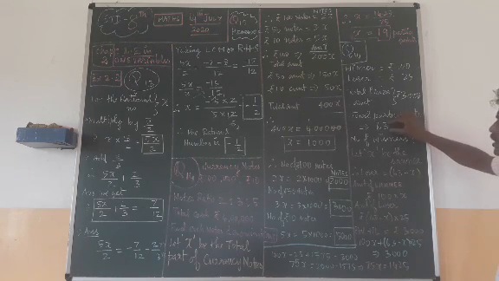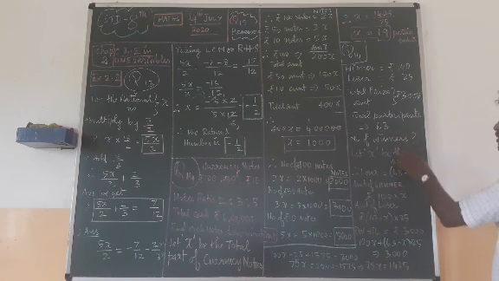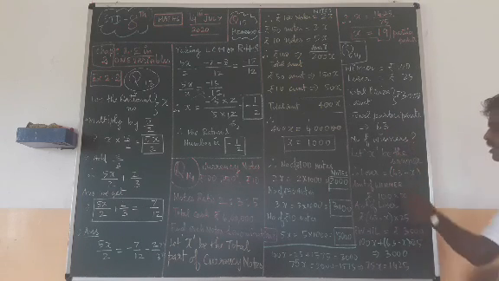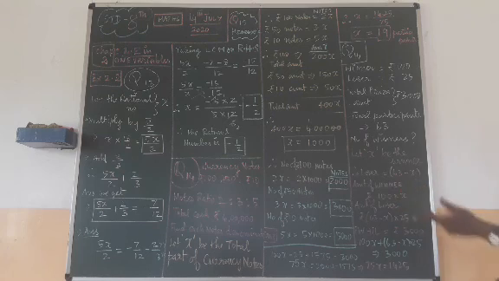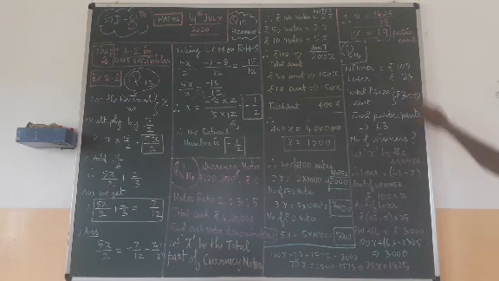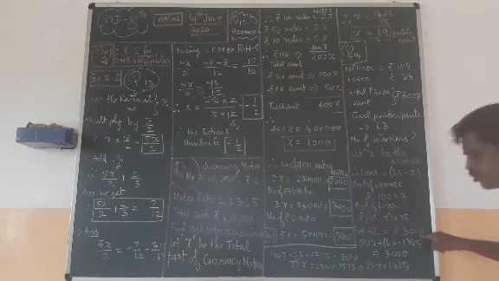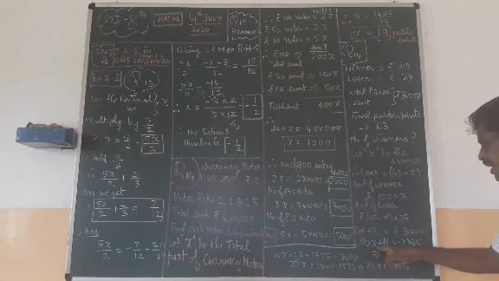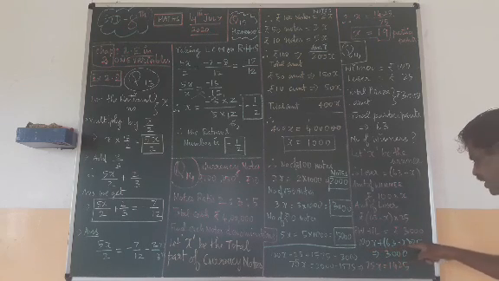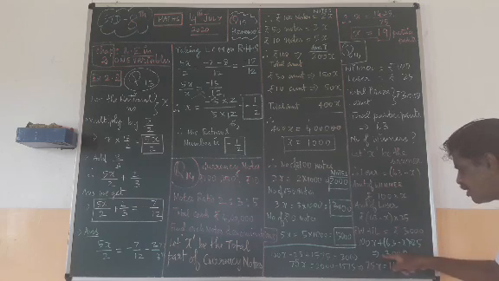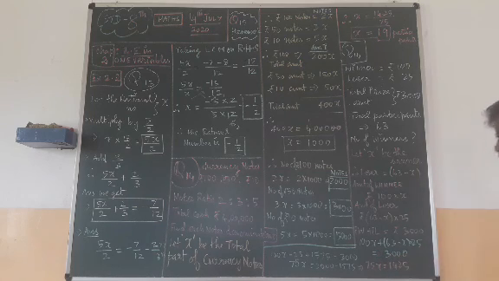Understood? We calculate the amount as number of persons into rupees. So x into 100 rupees plus 63 minus x into 25 rupees, and the total is 3000. So 100x plus (63 minus x) into 25 equals 3000.